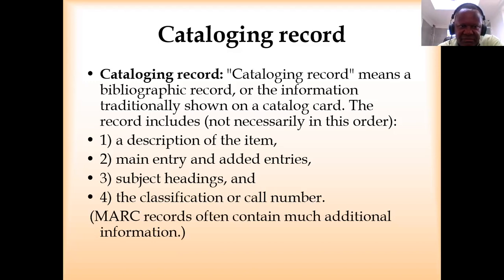So briefly, these are the items we shall include in the cataloging record. But of course, when we start cataloging online, MARC records can contain even addresses. We shall be seeing this in KOHA, though we shall not be capturing such details.